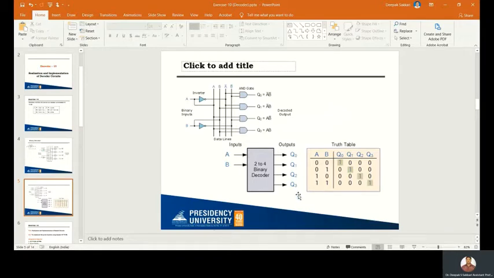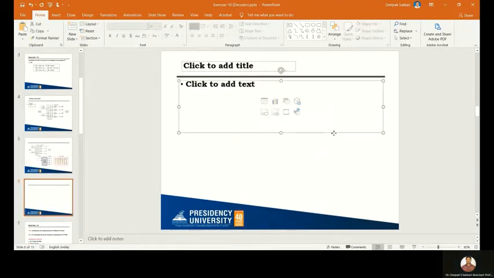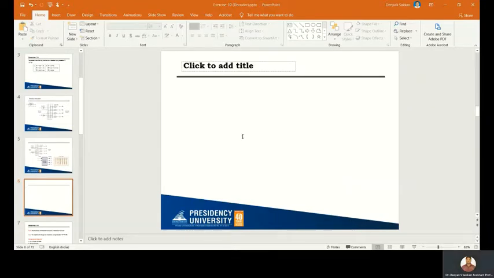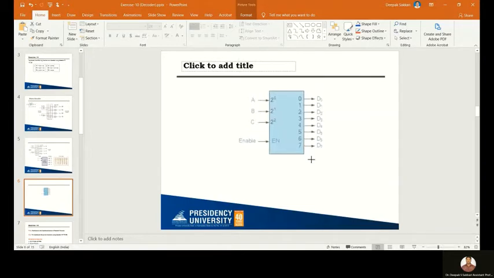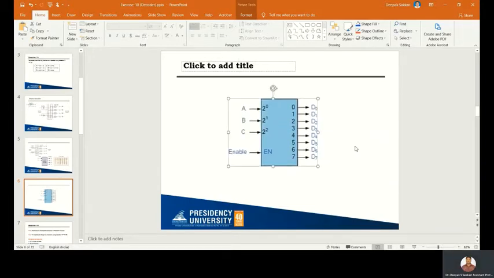2 inputs, 4 outputs. Similarly, if we construct a 3 to 8 decoder, in the same fashion we can develop 3 to 8 decoder, 3 inputs A, B, C, and obviously you'll be getting 8 different outputs, right?